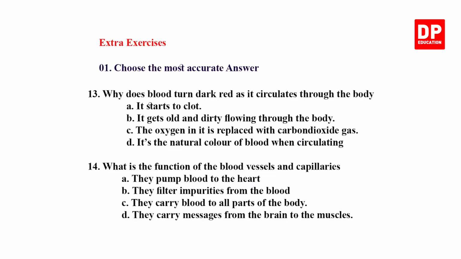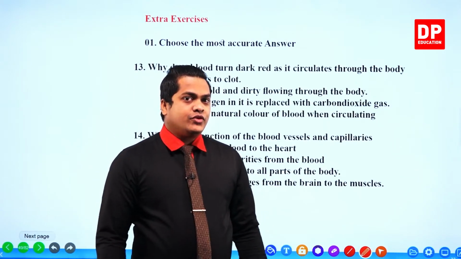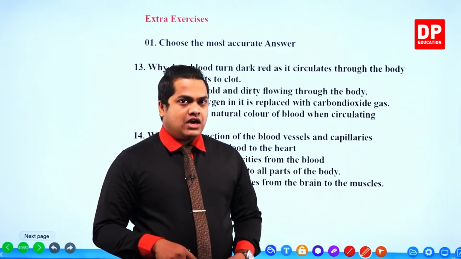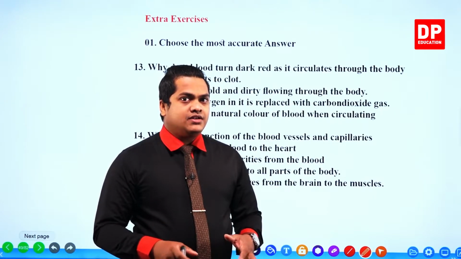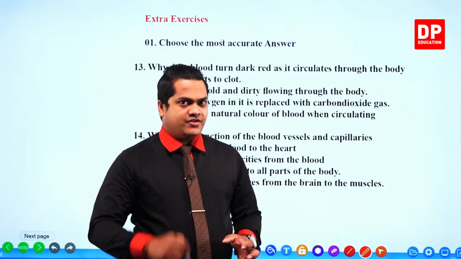Right. Why does blood turn dark red as it circulates through the body? In the earlier question, you could remember when it is circulating around the lungs, blood turns bright red because of adding oxygen.